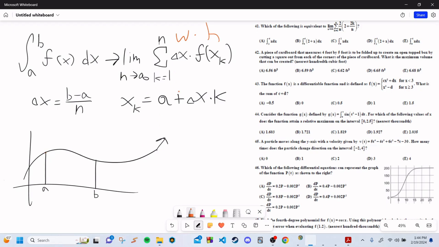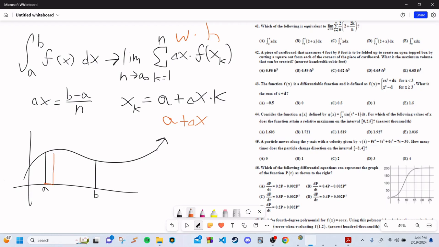So x of k tells us the height of the kth rectangle. So when k is 1, our x of k is going to be our initial value, or lower bound, a, plus a little delta x.